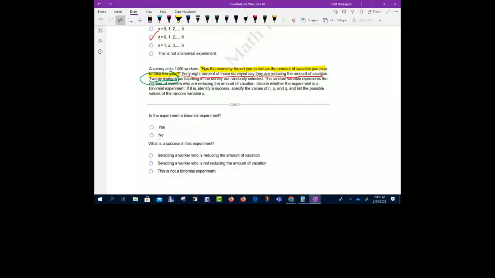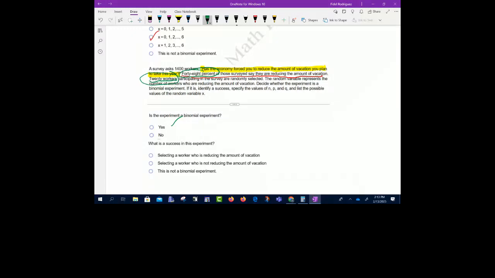Those are the only 2 options that we got. So step number 2, we're good. Step number 3, the probability has to be the same each time. When we look at this, what percent of those people said, yeah, I have to reduce my vacation? 48%. The probability is going to be the same every time. So again, we're going to have a binomial experiment.